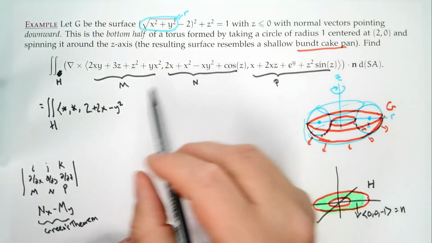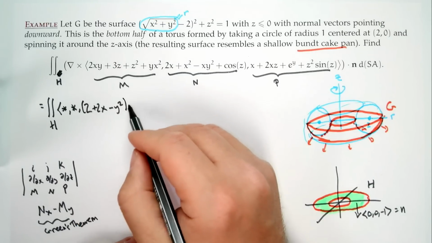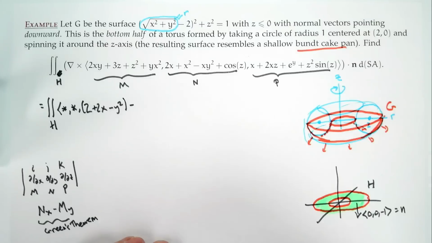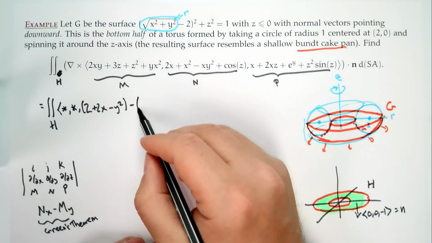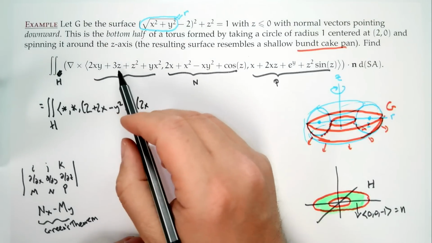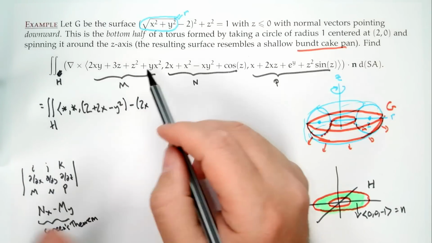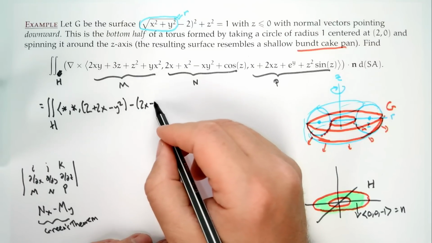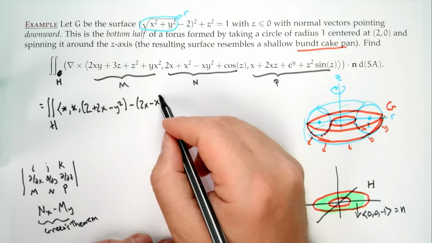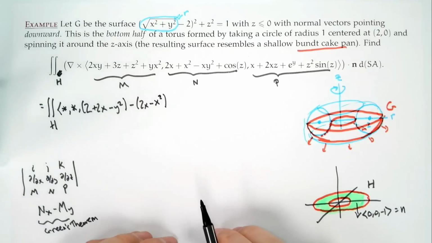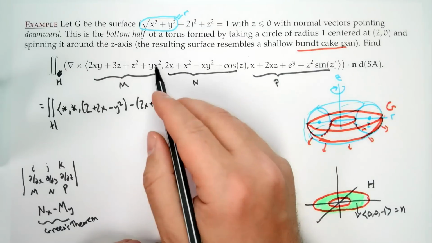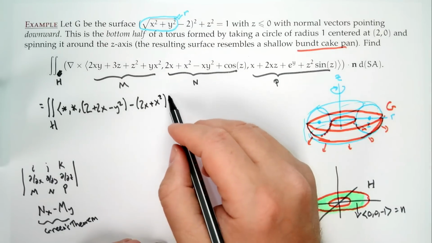Subtract m sub y. So subtract 2x, and 3z goes away because it doesn't have a y. Z squared goes away, and minus x squared. Oh, whoops, sorry, positive x squared, but it's going to become a minus when we multiply.